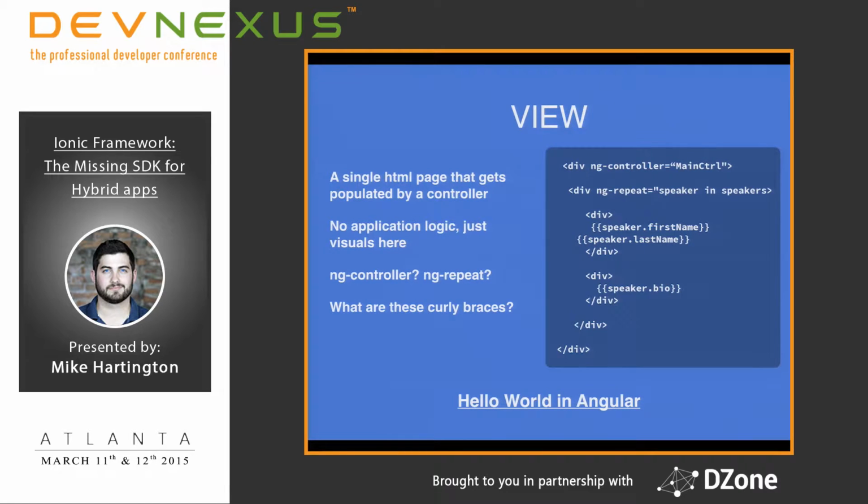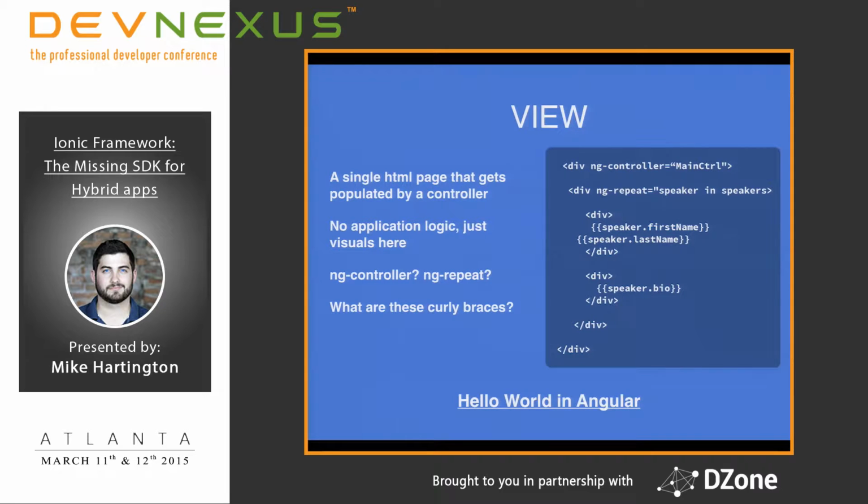A view follows the typical standard. It's just a simple HTML page that's going to show you data. You don't need to put any application logic in there. It's just what you're going to display to the user. But you're going to notice there are a few extra things that aren't really part of the HTML spec. We have these ng-controllers and ng-repeats, and curly braces somehow in HTML.